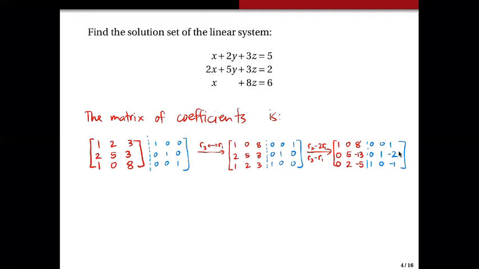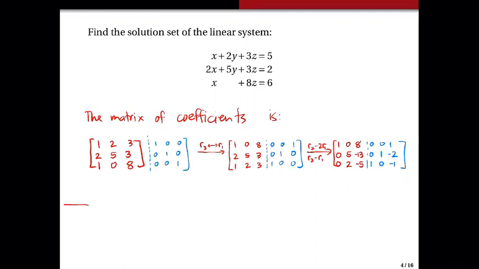If I divide this row by 5, I will get some fraction here. If I divide this row by 2, I will still get some fraction here. That will just complicate our solution later in the sense that we will be dealing with fractions. But anyway, let's own it.